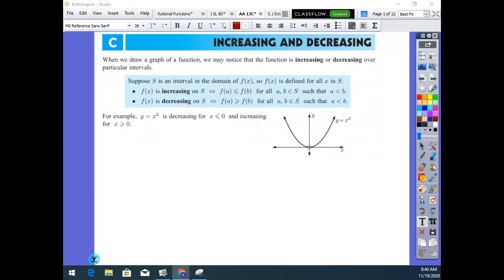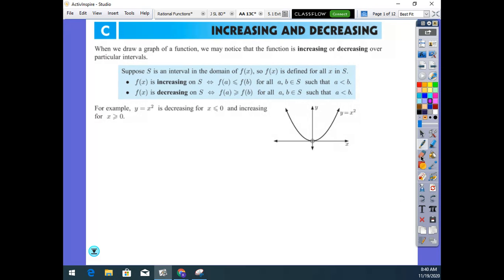Pieces of this are easy and pieces of this are hard, so just bear with me. When we're looking at a graph, it says f of x is increasing if and only if all values of f of a are less than f of b.